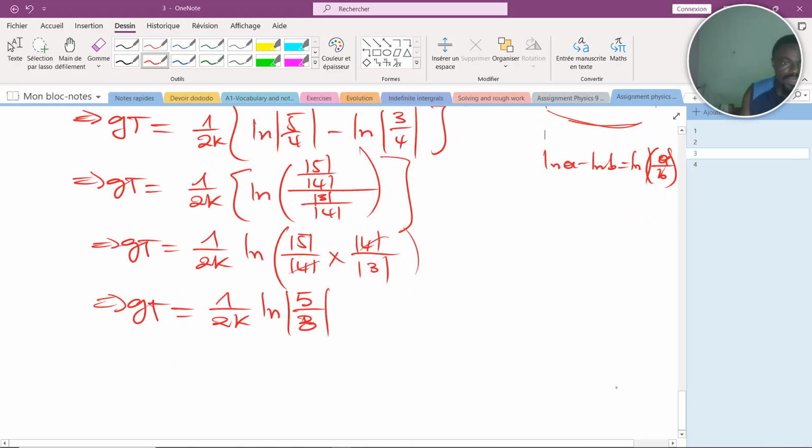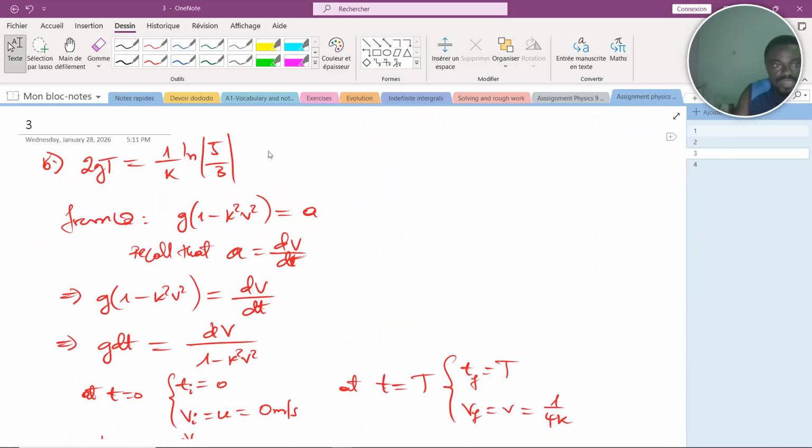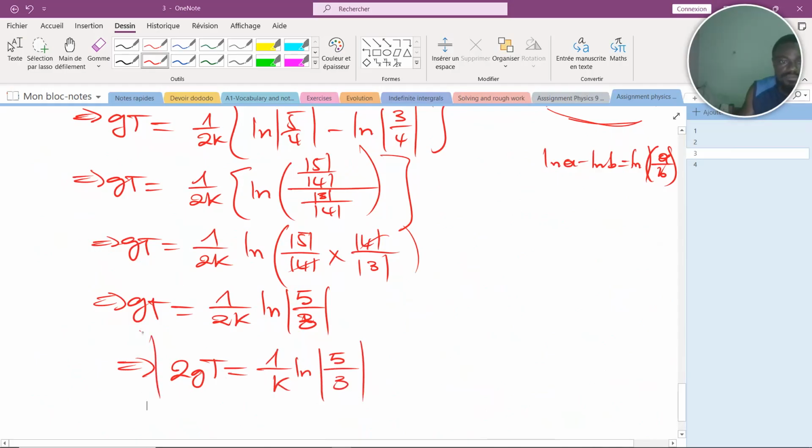Is that okay? Now, what was the proof even? The proof was that 2gt must be equal to this, so we just have to bring our 2 to the other side. So this implies 2g capital T being equal to 1 all over k ln of the absolute value of 5 all over 3. Perfect. Is that okay?